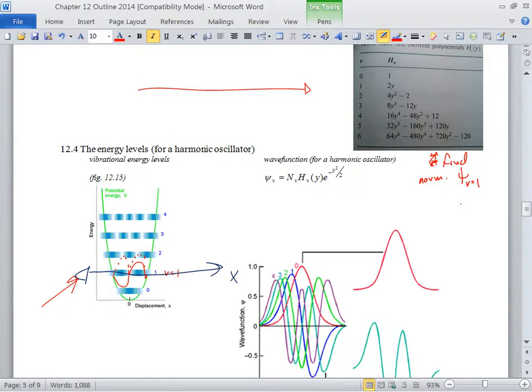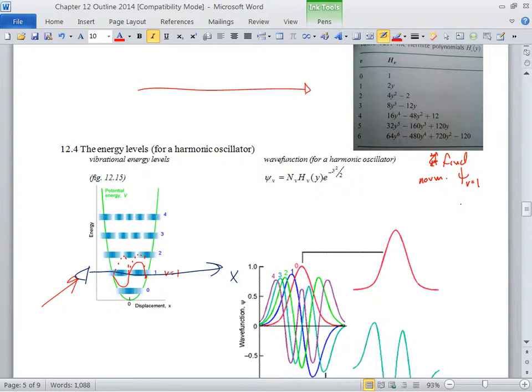So what are you going to put in for H_v of y? 2y. And then it's times e to the minus y squared over 2, right? When you do psi star psi, does the star do anything? No, there's no i's.